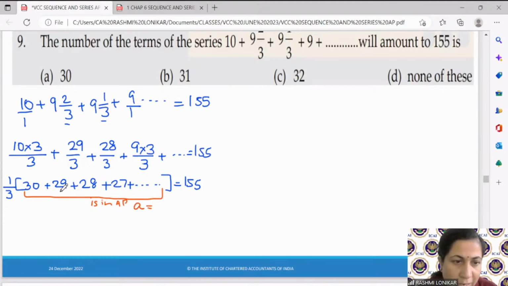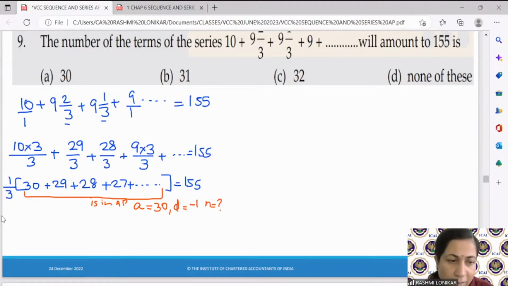What is the value of A? 30. What is the common difference D? 30, 29, 28. What is the difference? 29 minus 30 is minus 1, 28 minus 29 is minus 1. So D is minus 1. So this is an AP with A as 30, D as minus 1, and n I don't know.